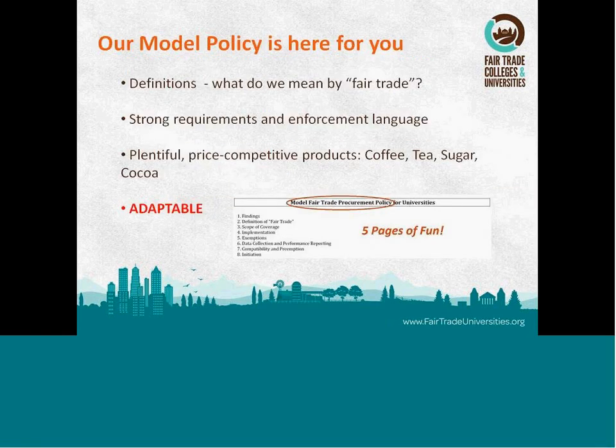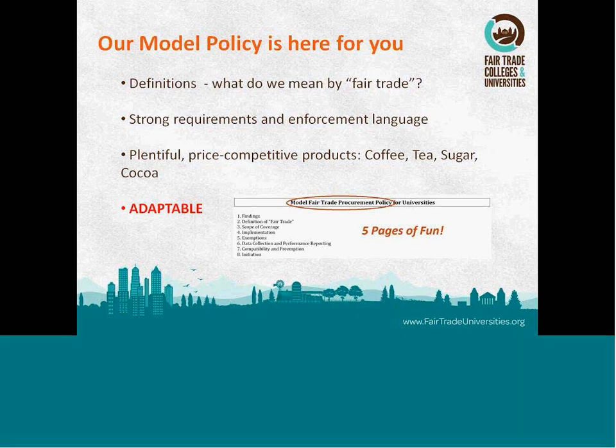So I'll start with our model policy. This is a great resource because it puts all of the legal language that you will need to base your policy on into 5 pages of fun. It starts with definitions. What do we mean by fair trade? It's a term that people throw around, but we really want to be very specific if we're putting it into a policy.